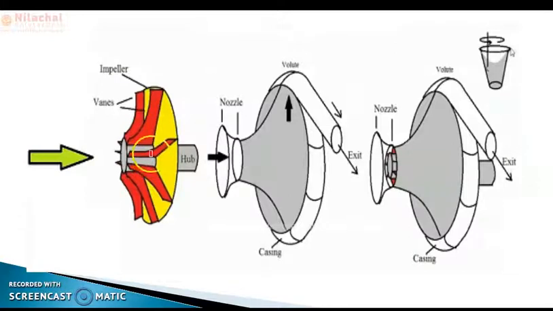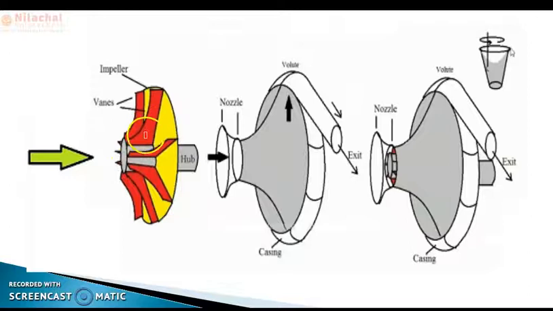Then I am showing you another diagram. Here you see clearly the vanes, the impeller vanes. Now you observe that gradually this volume increases. So what will happen here? At the refrigerant inlet, the refrigerant is sucked in, so low pressure is developed.